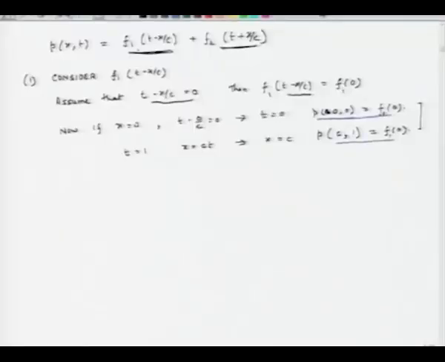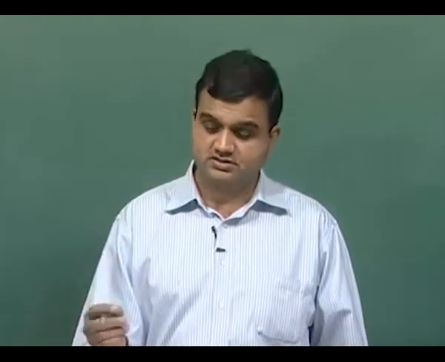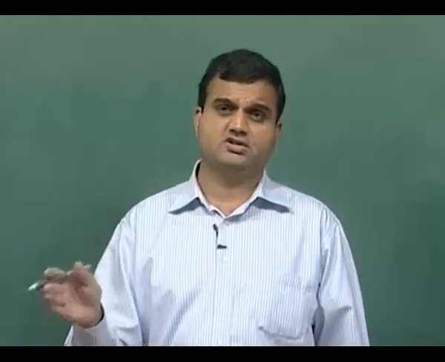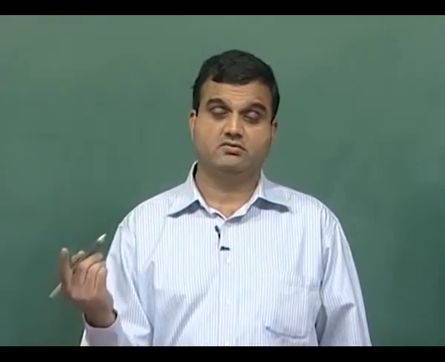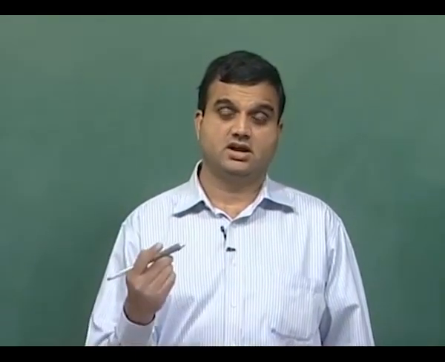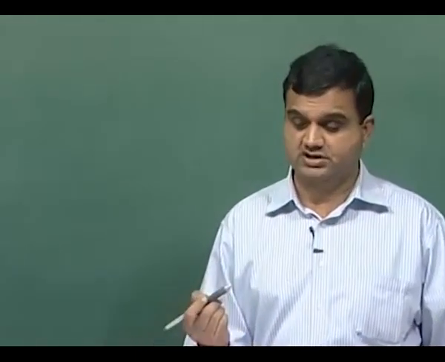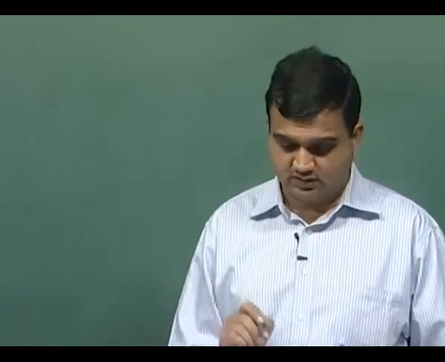So, what that tells me is that if there is a function f1 of t minus x over c, because it satisfies the 1D wave equation, it represents a pressure disturbance, and the speed of propagation of this pressure disturbance is c meters in 1 second. That is the speed of propagation, c.